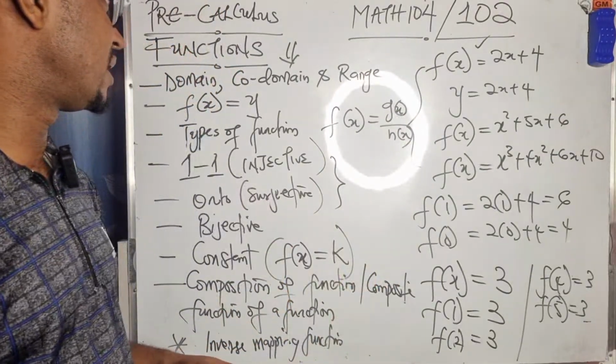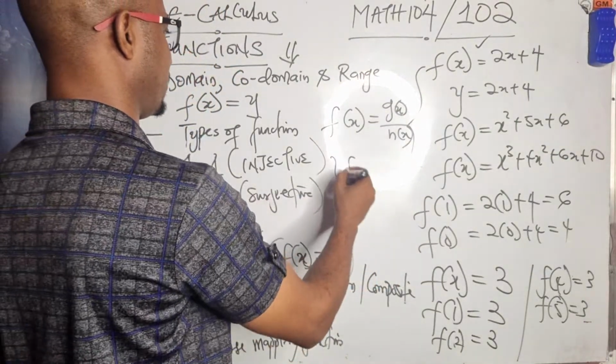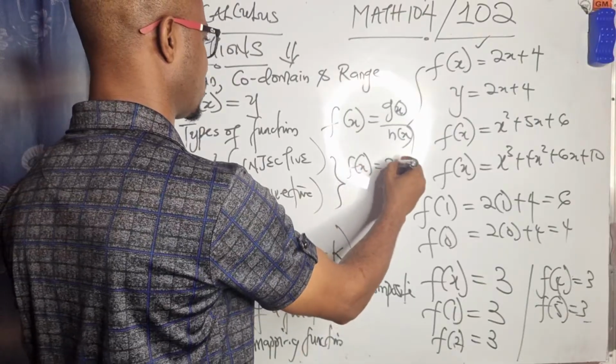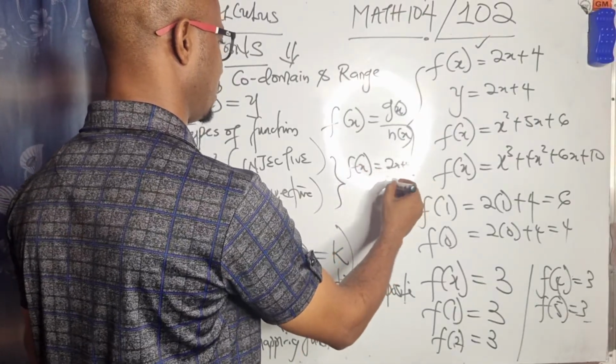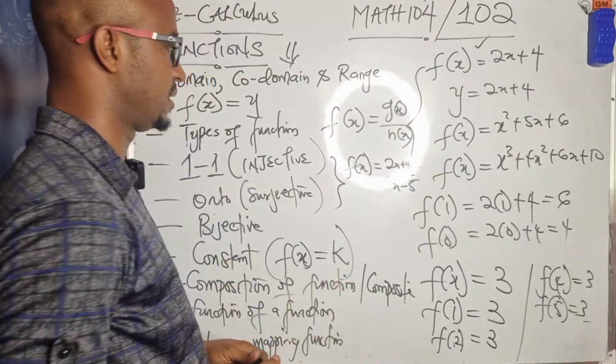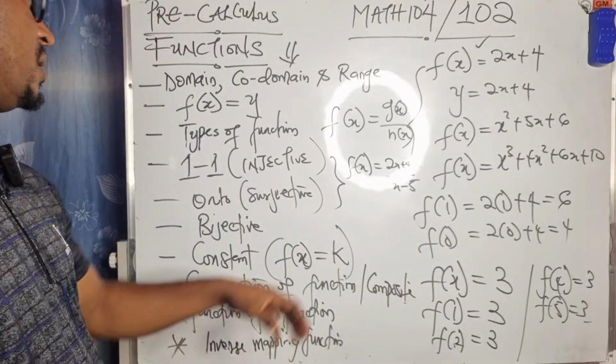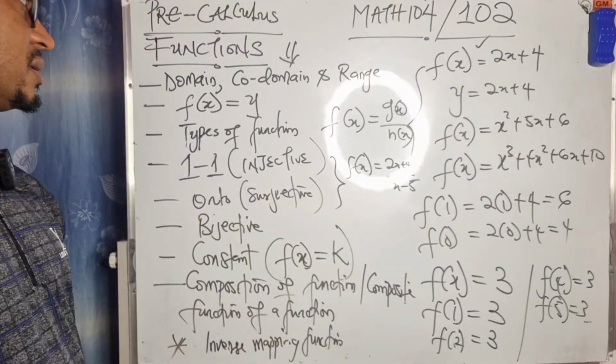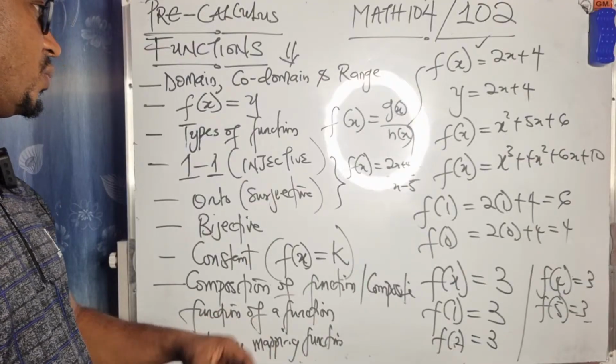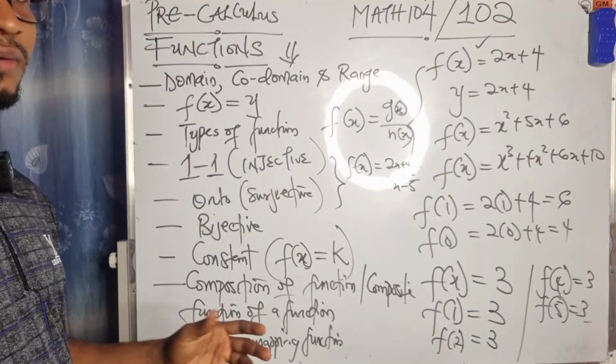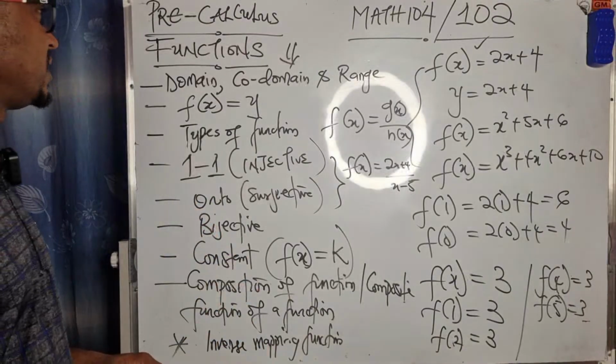A good example can be f of x equals 2x plus 4 over x minus 5. This is called a rational function. Then we also have other functions. So we have dealt with all of this yesterday.